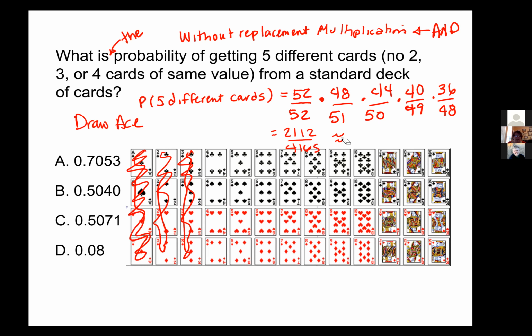Oh, I must have reduced it. It's a really, really big number. And then we multiply 52 times 51 times 50 times 49 times 48, and divide that by our answer before.